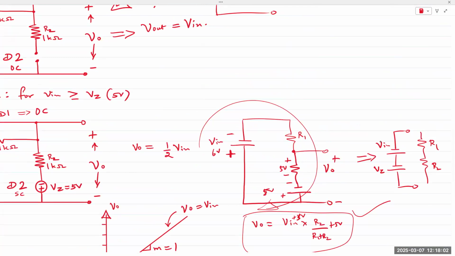Okay. So this was what I was trying to do last time. If I take the diode voltage, meaning it turns on, then the polarity reverses. Polarity reverses.